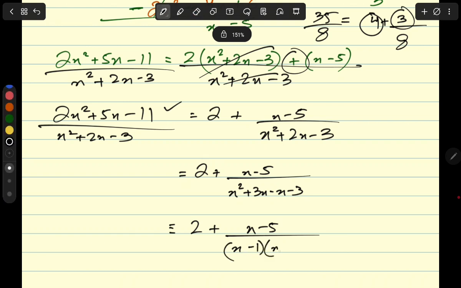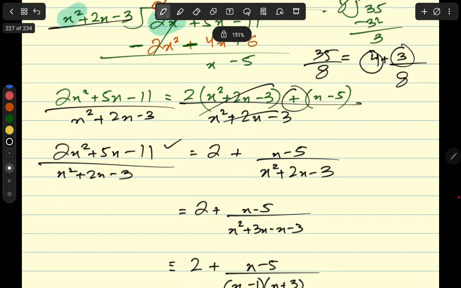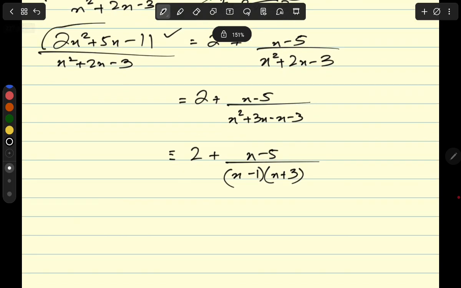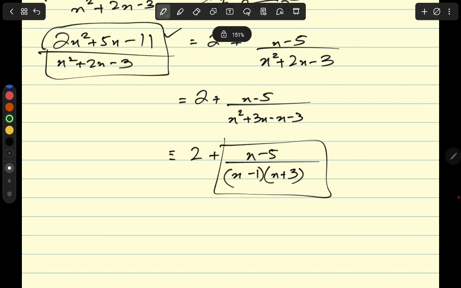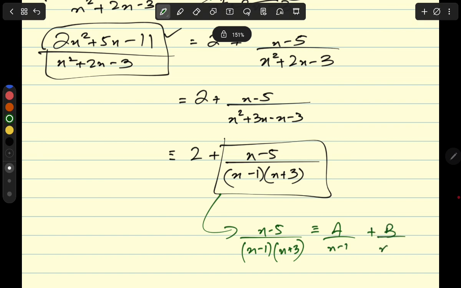Instead of trying to decompose this version, you just have to decompose this proper fraction. So x minus 5 upon x minus 1, x plus 3 may be rewritten as a upon x minus 1 plus b upon x plus 3.